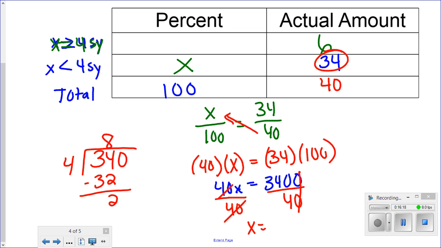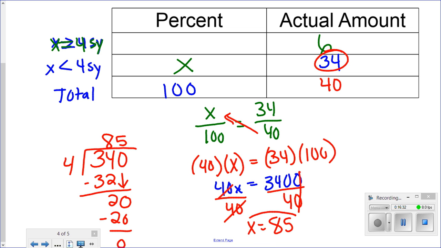Subtract. 4 minus 2 is 2. Carry down the 0. 4 goes into 20 5 times, which is 20. We know we have reached the end of our division. Okay, so 85. Is it more than 50? I think we're standing good. 85% of the words had less than 4 syllables, which means 15% of the words had 4 syllables.